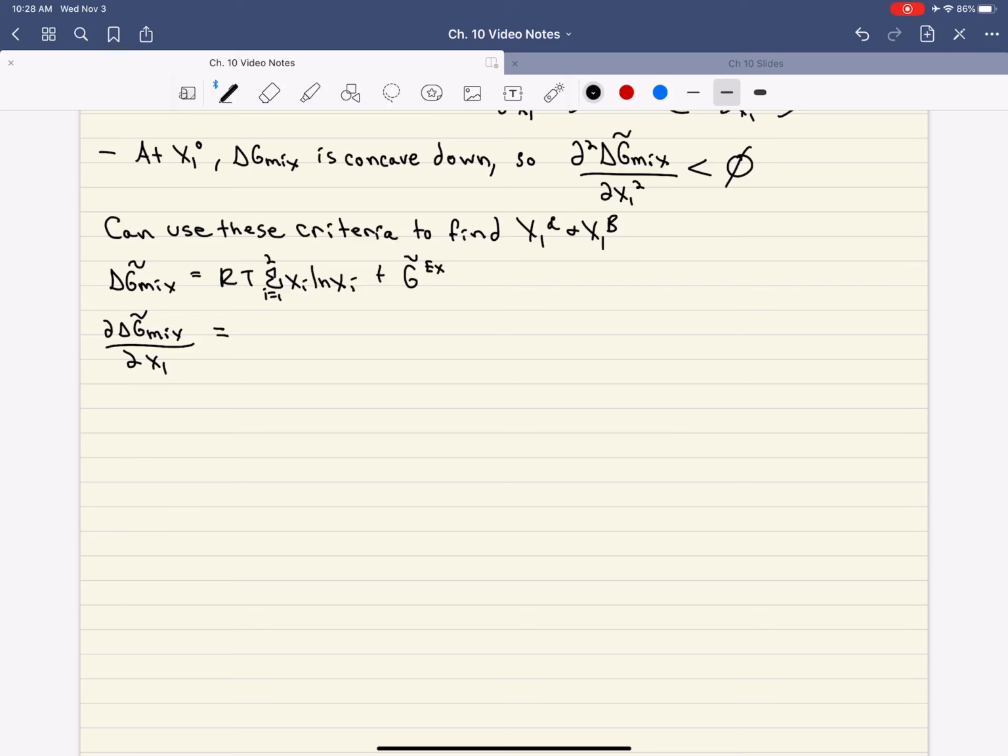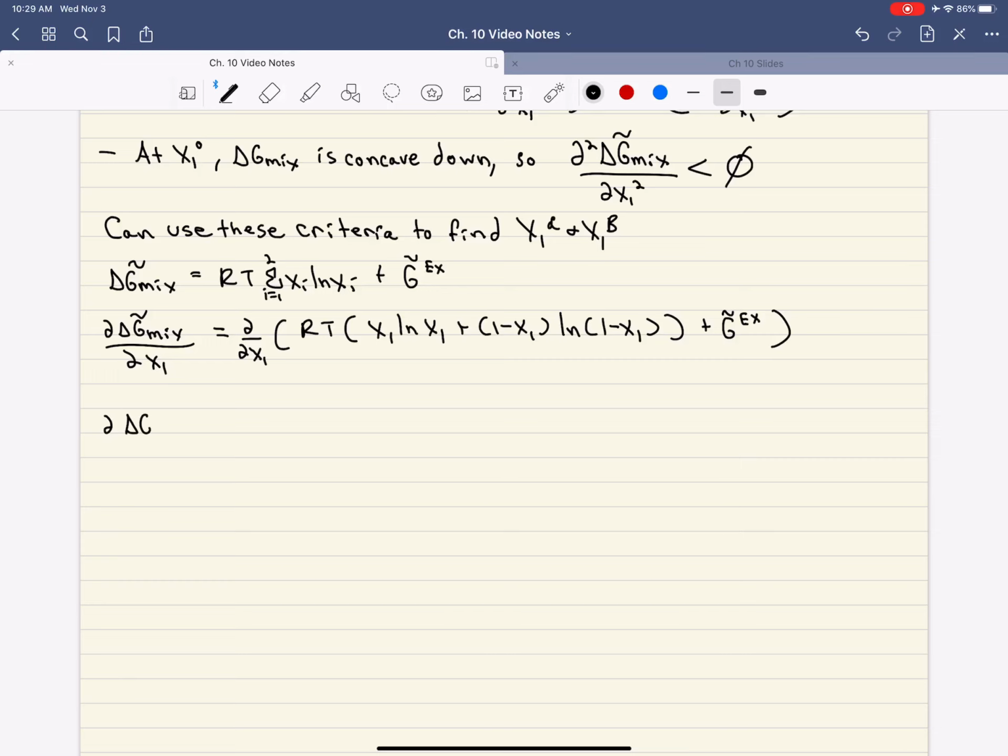Okay? And since we only have 2 species, I could write this out pretty easily. So I'll write it for clarity. Plus 1 minus x1 ln of 1 minus x1. So we're taking this derivative.